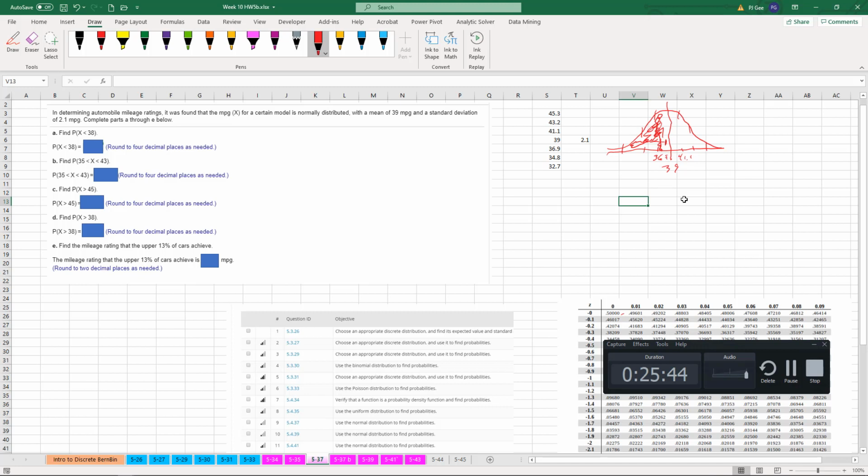So we need to know from 39 to 38, how many standard deviations is that? I'm going to clean it up. All right, so we're going to look this up. The z-score is going to be equal to 38 minus 39 over 2.1. So how many standard deviations is that?